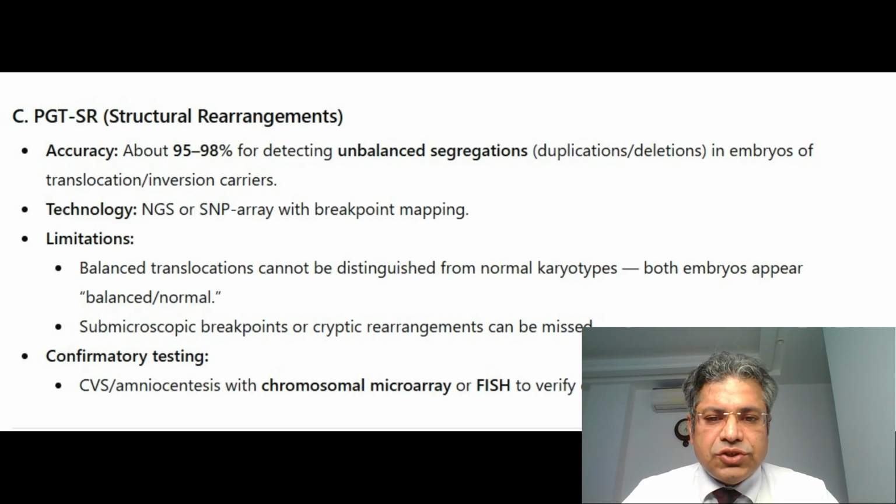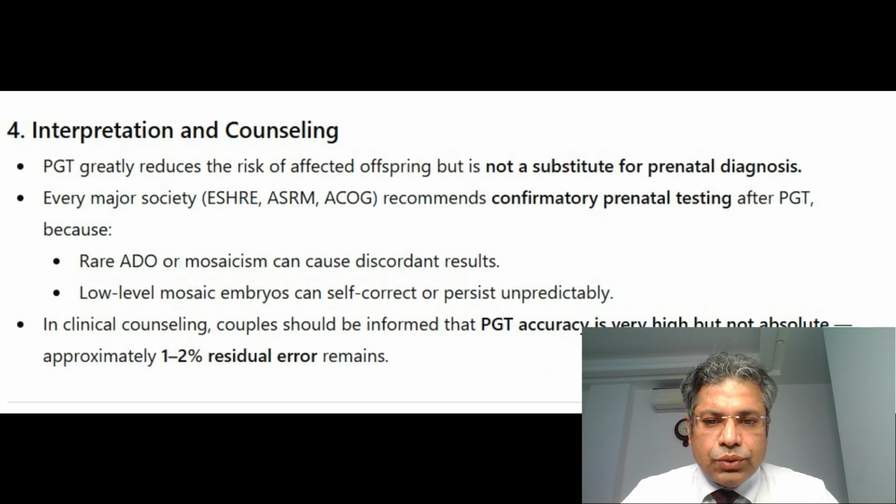Structural rearrangements, which is called PGD-SR, is when we identify that either of the parents could be a carrier for a balanced chromosomal translocation, and therefore we look for the same thing in the embryos, right?